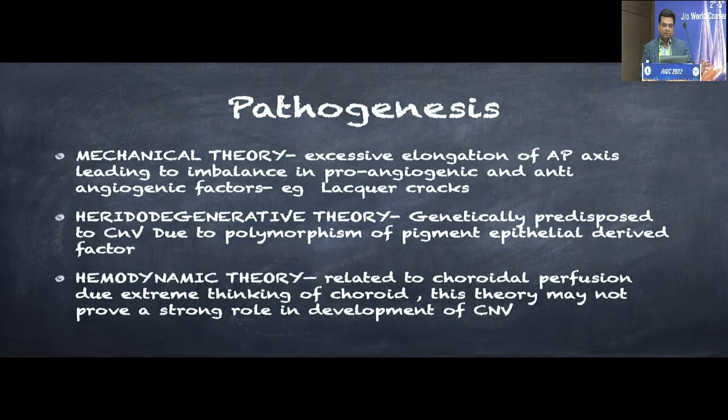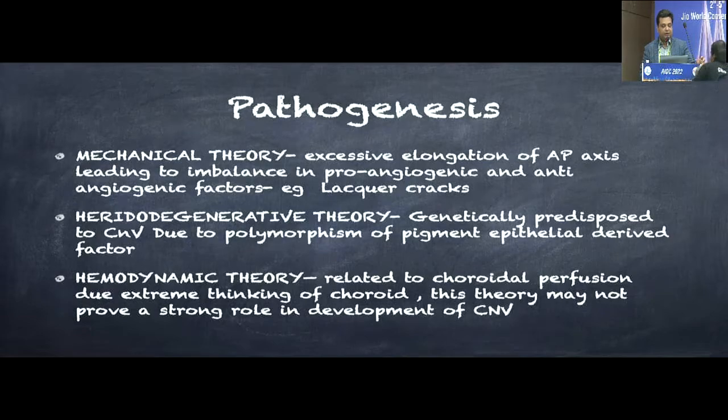Pathogenesis of these membranes has been discussed in three theories. One is the mechanical, which is the most accepted theory: excessive elongation of the anteroposterior axis, leading to imbalance in pro-angiogenic and anti-angiogenic factors. For example, lacquer cracks, or if the axial length is pretty high, it creates a potential space between the layers of the retina, which can initiate the membrane growth.